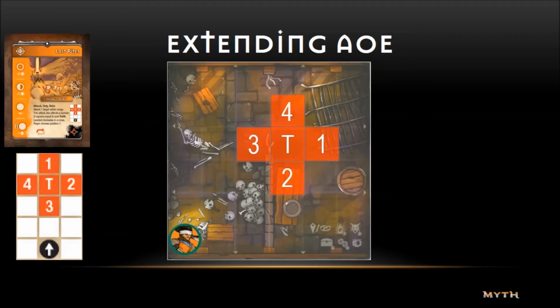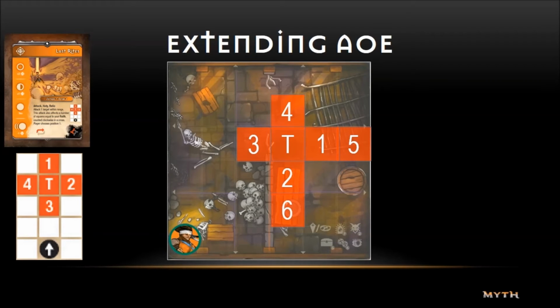Now, if I had more than 4 faith, I could continue to extend out this AOE, and the pattern just continues. So if I happen to have had a fifth faith, that fifth square would be orthogonal to square one. And if I had a sixth square, that would be orthogonal to square two.